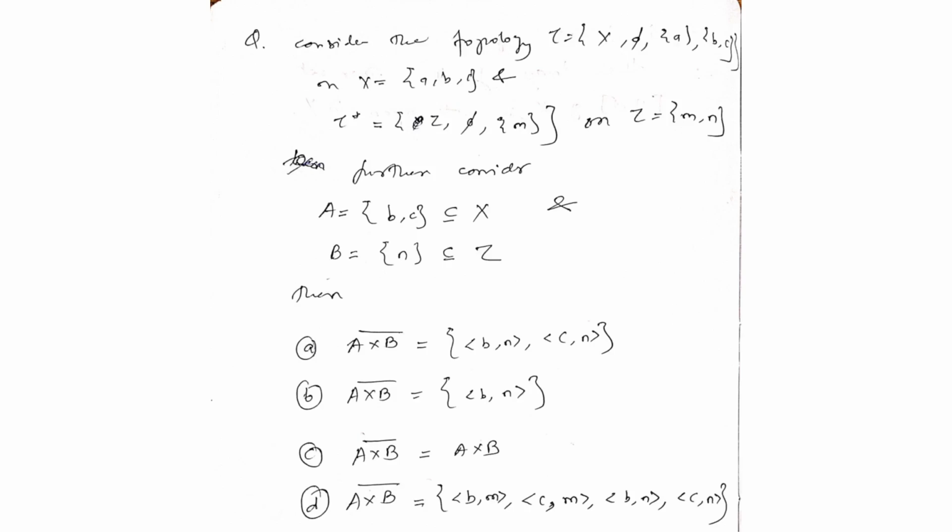So you have been given two sets and topologies on those two sets. Further, you have been given two subsets of X and Z, and you have to find the closure of the product of those subsets.